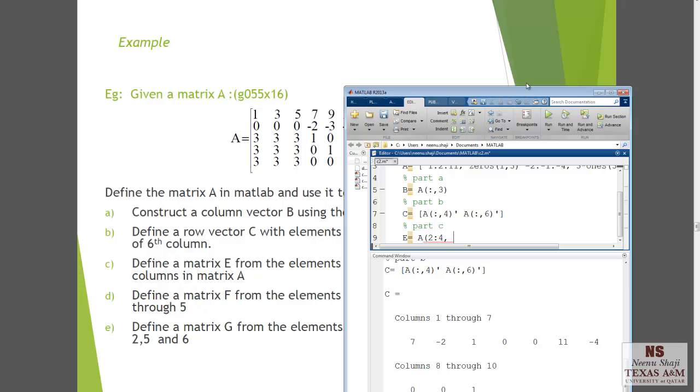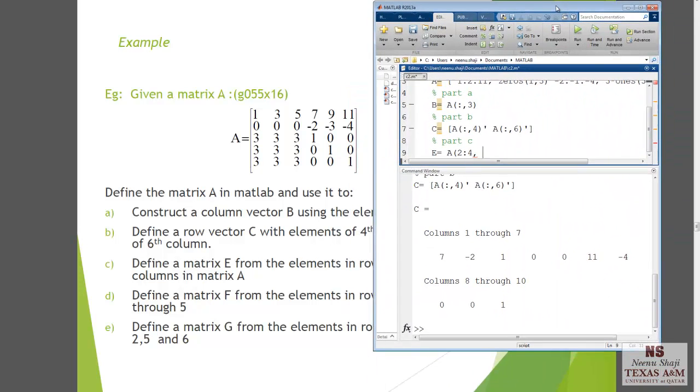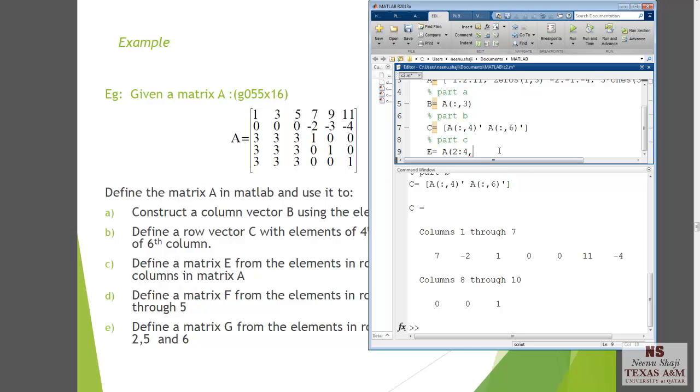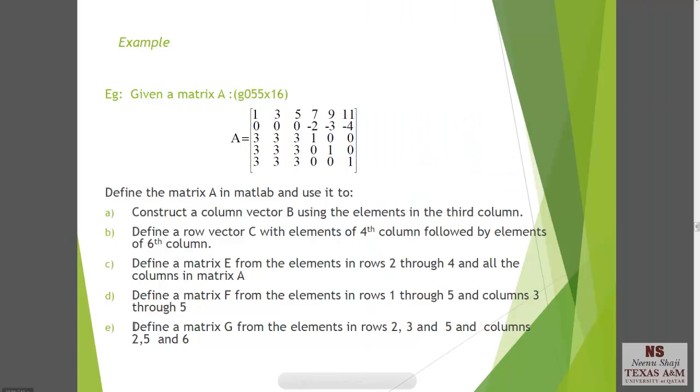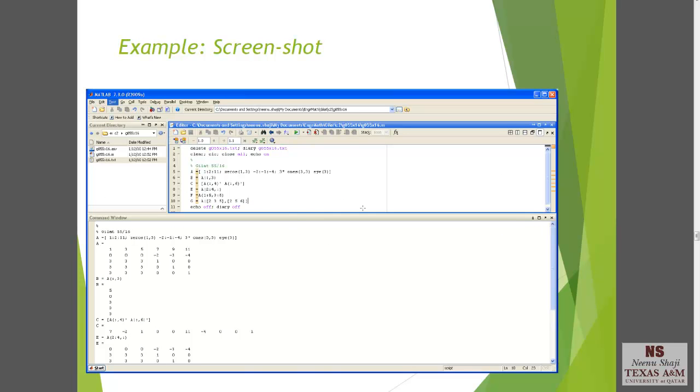So 2 colon 4 and all the columns, so we have the colon here. That's it. You can try the remaining 2 parts later on. Solutions are here on this slide.